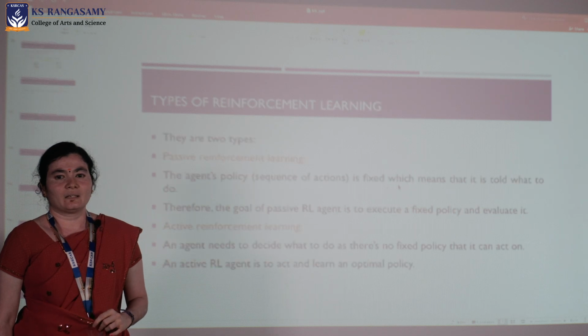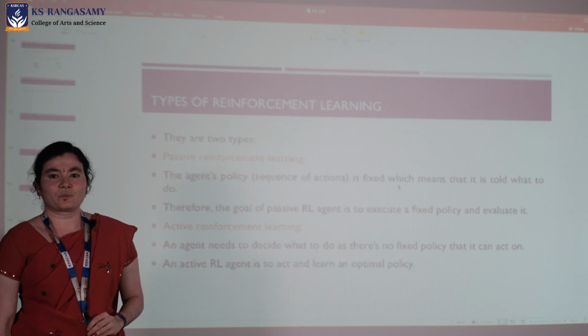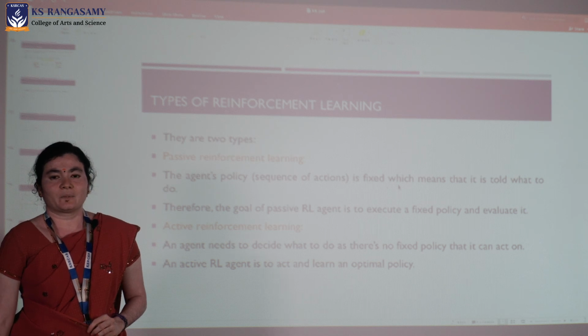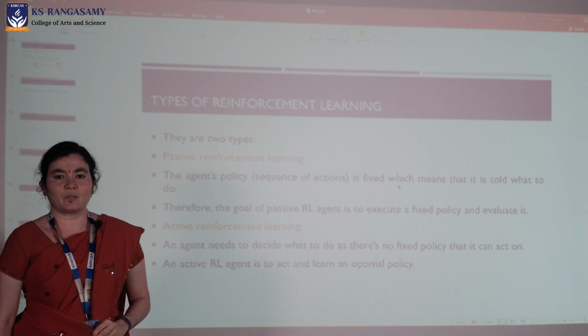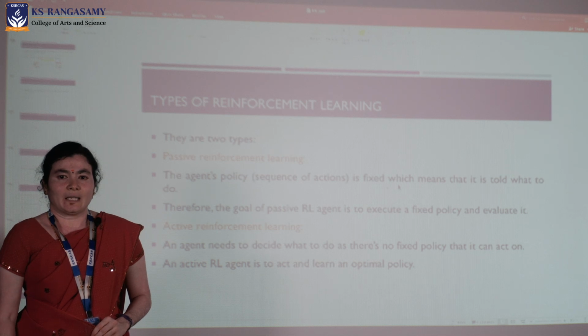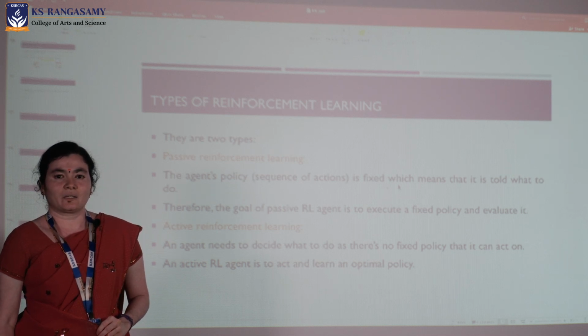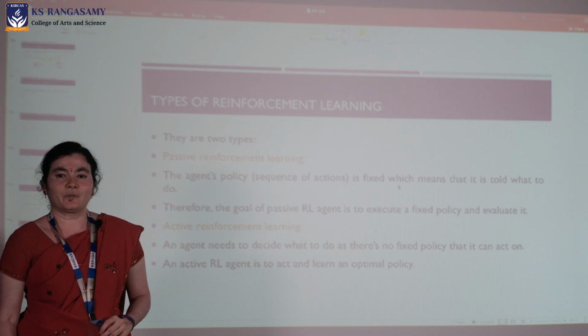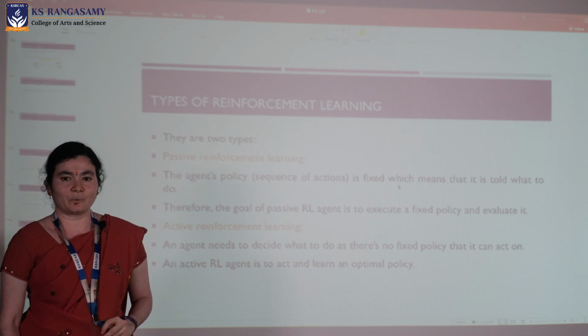Next slide. Reinforcement learning has two types: first one, passive reinforcement learning, second one, active reinforcement learning. Passive reinforcement learning means the agent acts on a fixed policy, doing what is already fixed.